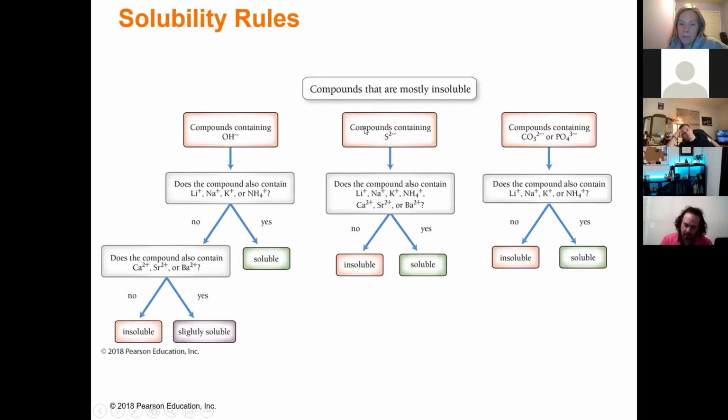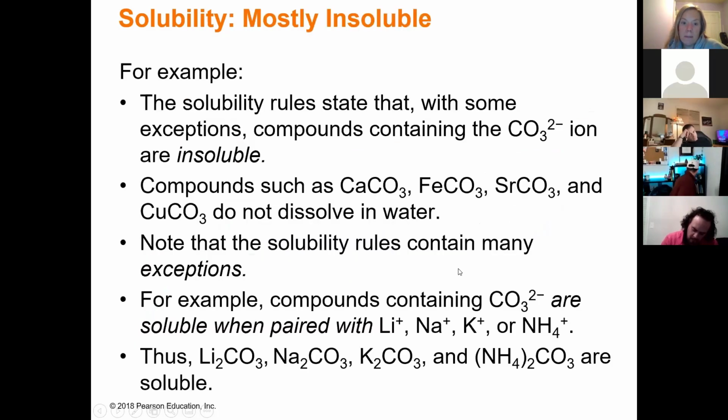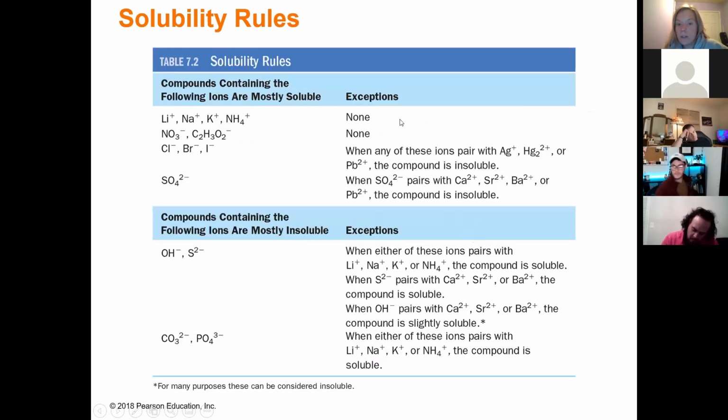If the compound contains sulfur, again, it's usually insoluble unless it's paired up with things from column 1 and column 2. And then the last one, carbonate and phosphate, tend to be insoluble unless they're combined with one of these. So you just need to be able to reference the charts. Here are some other ways of expressing the same thing.